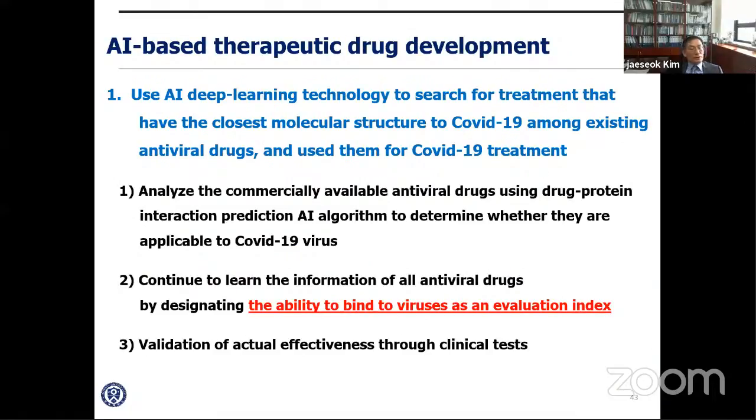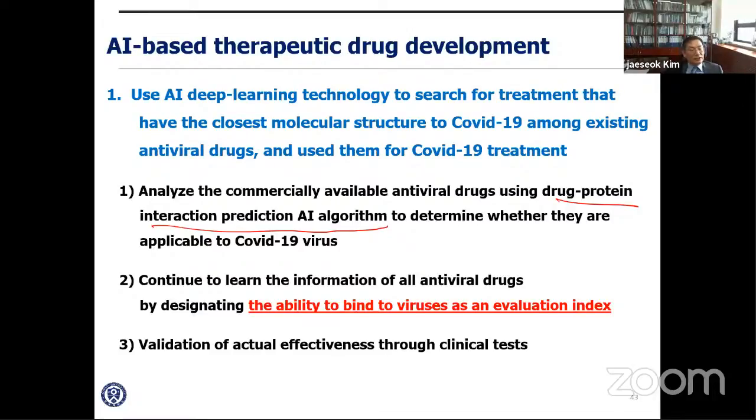The first method starts by analyzing the commercially available antiviral drugs using a drug-protein interaction prediction AI algorithm to determine whether they are applicable to the COVID virus.